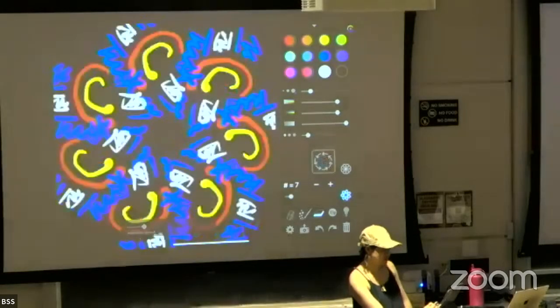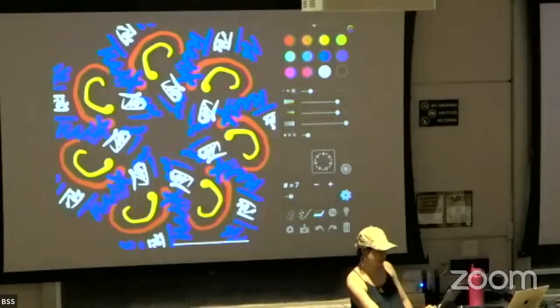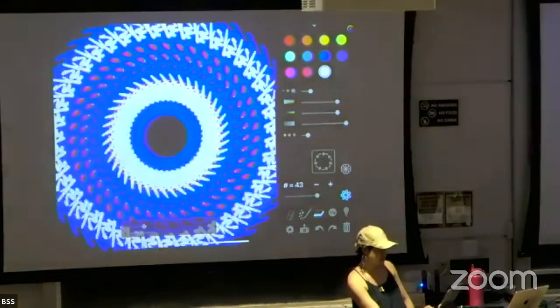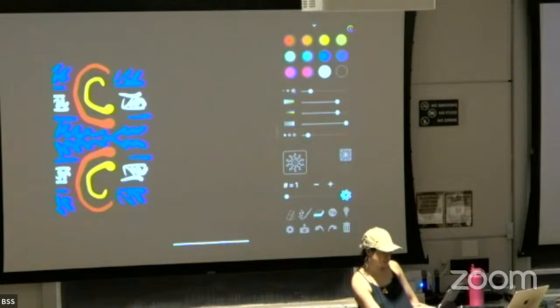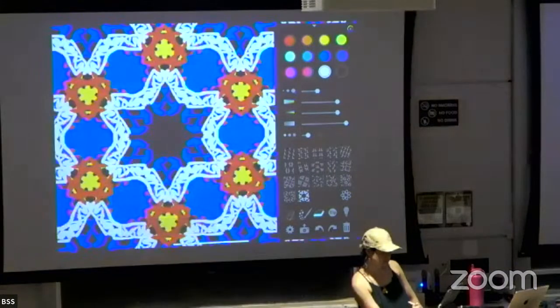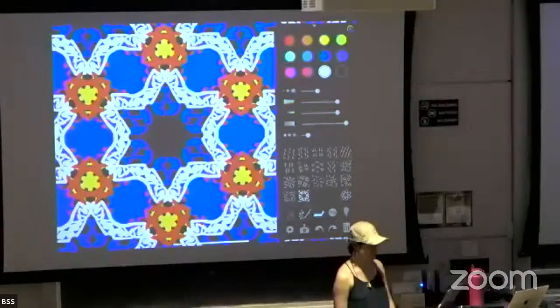We can also do point group symmetries here. This is rotations about points. Anyway, this is kind of a fun thing to play with.